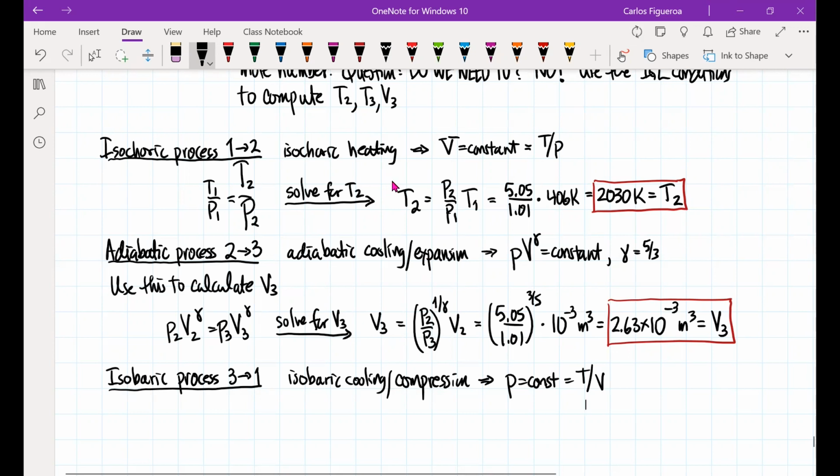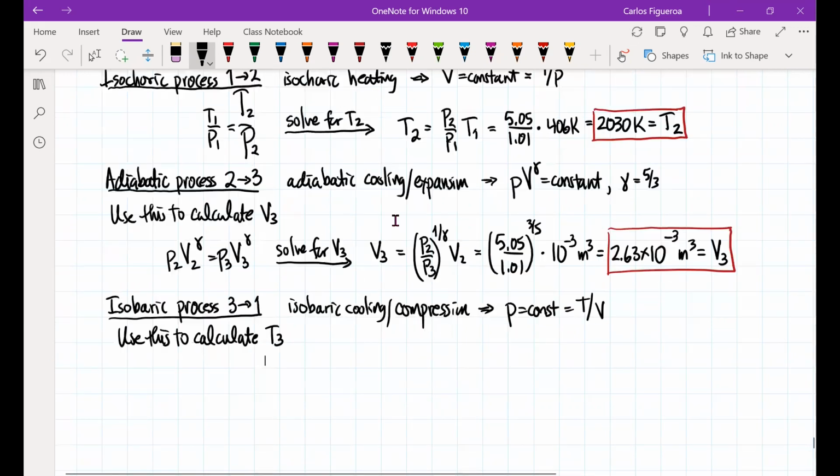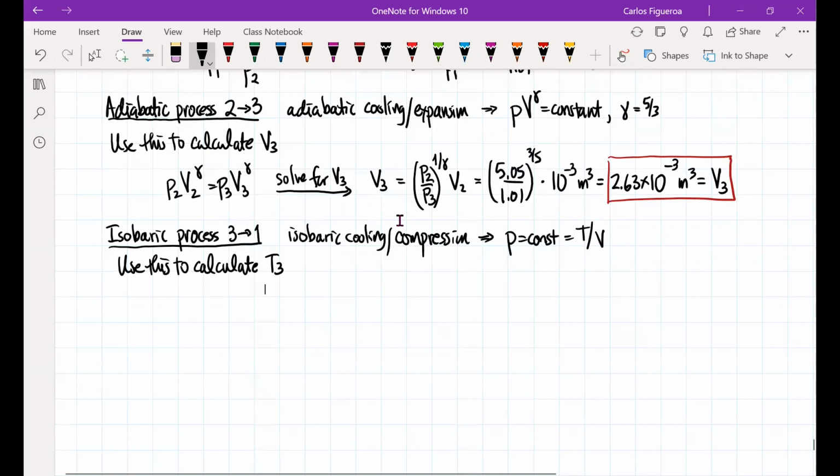So now I'm going to use this to calculate T3. What do I actually have?